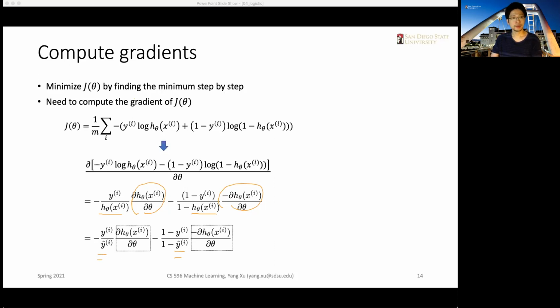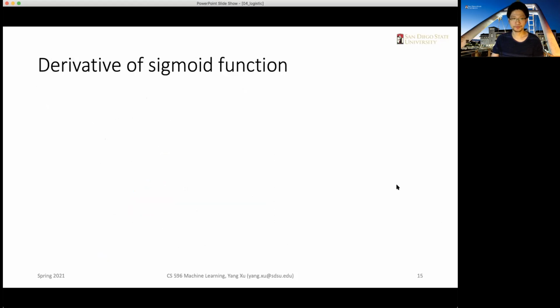Okay, all right. So the next key computation is what is the derivative of h theta of x i with respect to theta. Okay, so this is something we're gonna use. We're gonna use the property of the sigmoid function. Okay, because h theta of x is a sigmoid function of theta transpose times x.